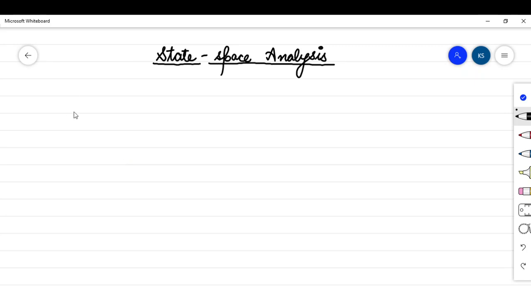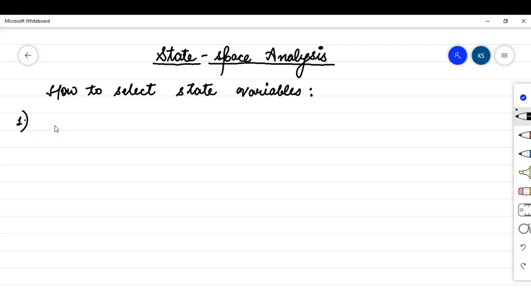So let us start. First, I will let you know how to select state variables. First is that number of state variables in any circuit is equal to number of storage elements.